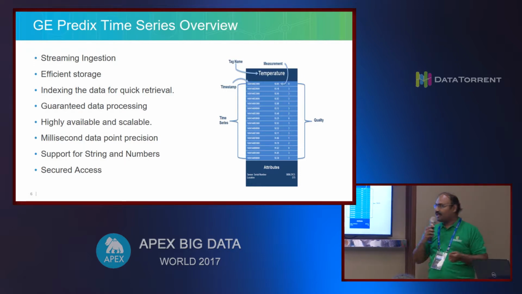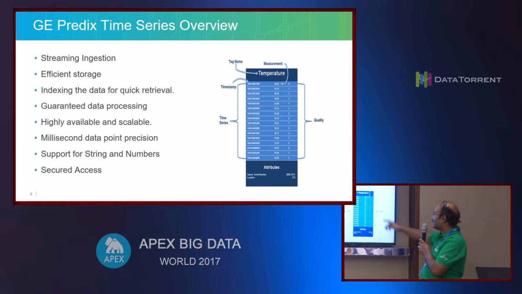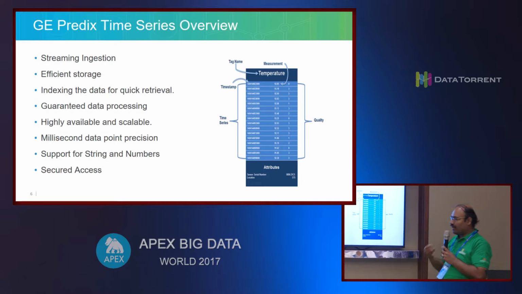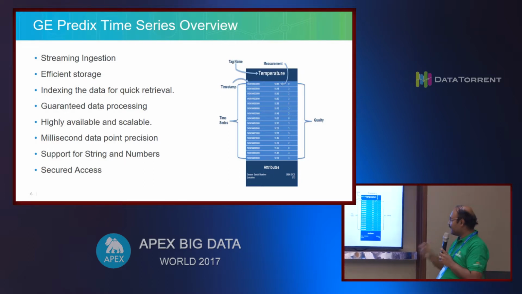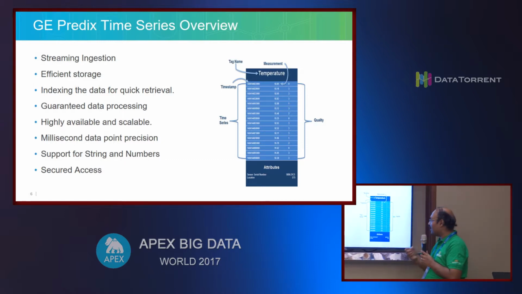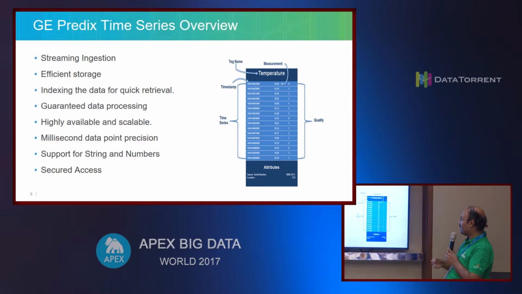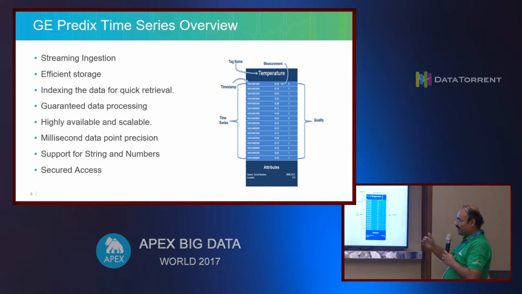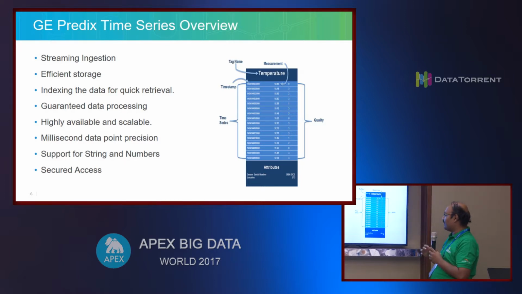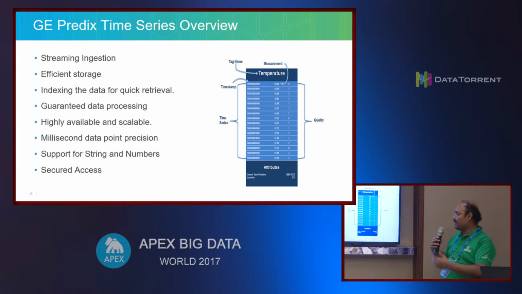Imagine a sensor measuring temperature every half a second. It generates one line of event every half a second, and then these events come all the way to the cloud. They get batched up a little bit and then sent for efficiency. A typical engine may have thousands of sensors, so this is happening across every sensor.